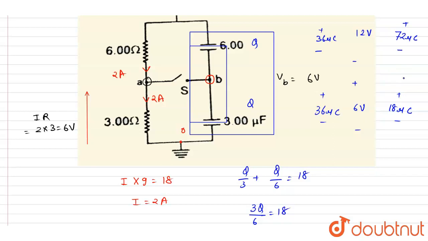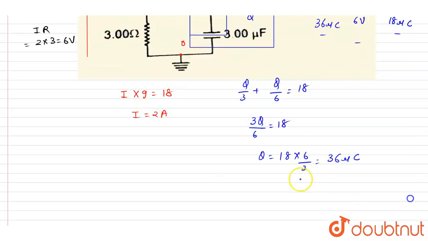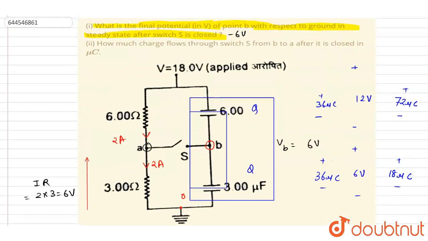So we will write down, if you see here, the net charge on them when the switch is closed. We want the charge that flows from B to A when the switch is closed. When the switch is closed, we already know that the net charge on them is this 54.